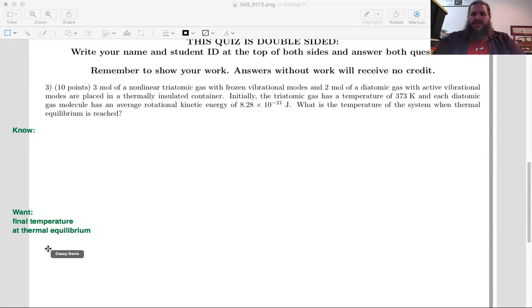Or alternatively, we could start by listing out the number of modes, right? The diatomic gas we know has 5 modes because which modes in particular?